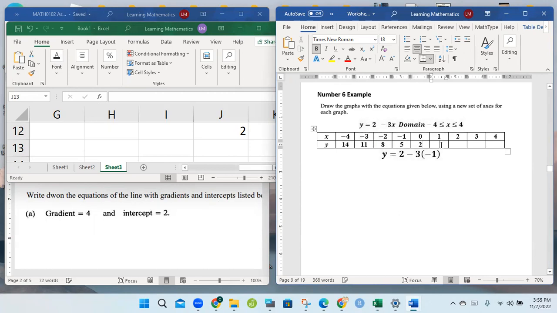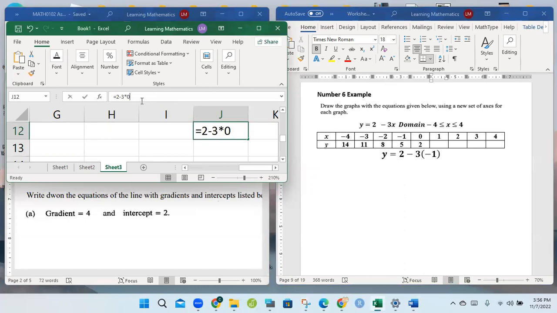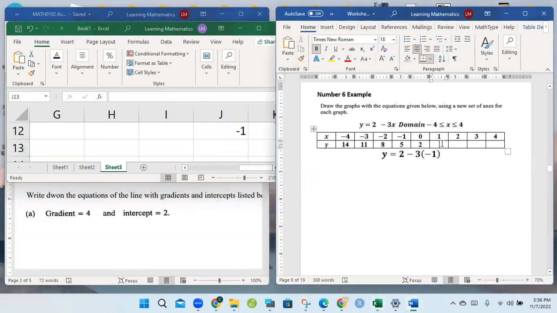Now we're going to put 1. So 2 is going to decrease. We're going to get -1, I suppose. Let's prove it. We're going to substitute 1. And we get -1. Let me just put -1, copy and paste.